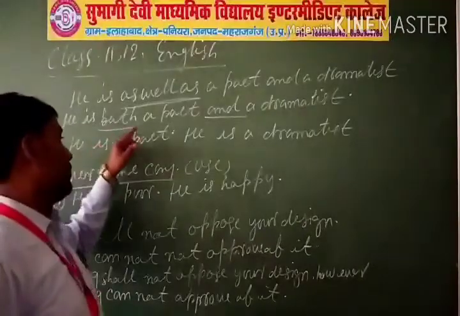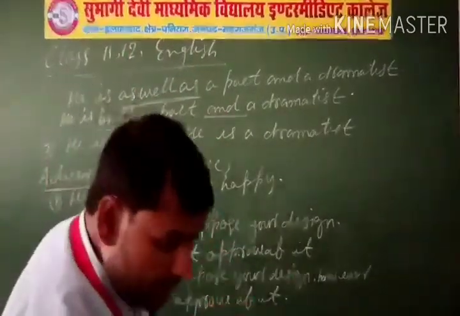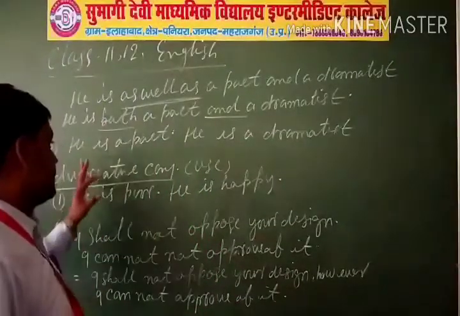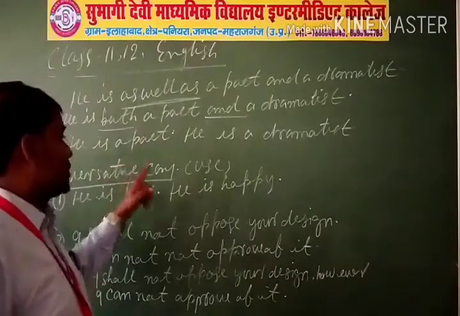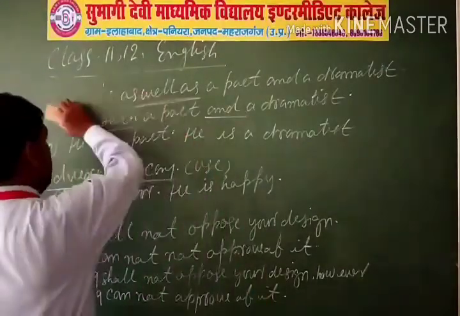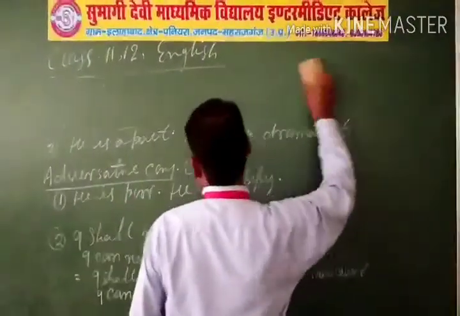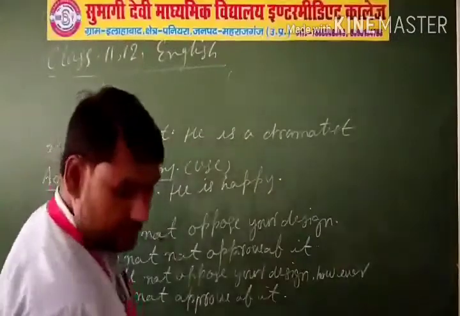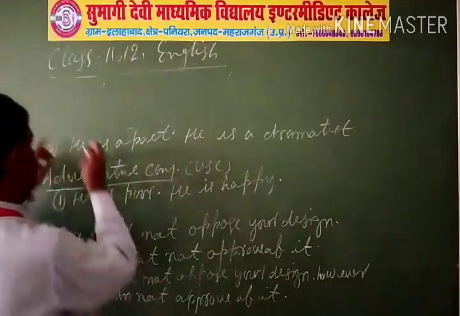He is both a poet and a dramatist, and by the help of not only but also you can add these two sentences into one compound sentence. He is a poet, he is a dramatist.